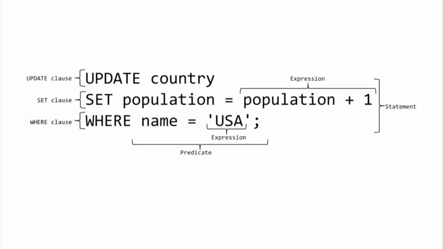So an expression, that's the population plus 1. We also have a predicate here, which is the test for equality between whatever is in the name and the United States of America, USA. We also have those clauses to the left, and some of them can be omitted. They are optional. Which ones? Well, you have to have a look in the manual for that.